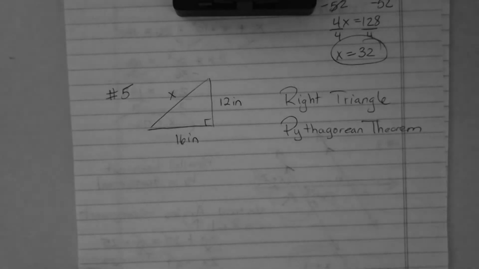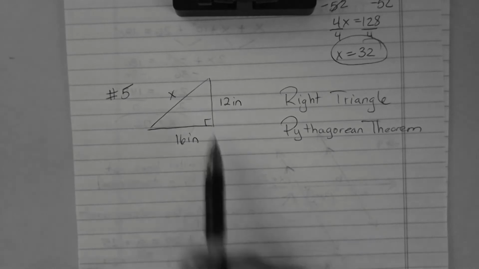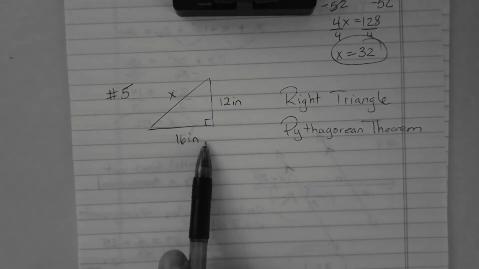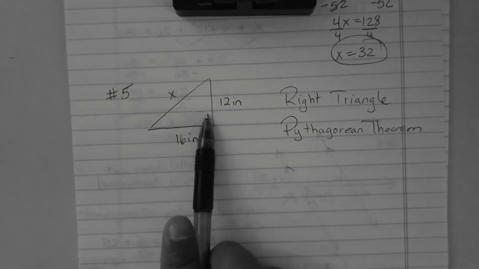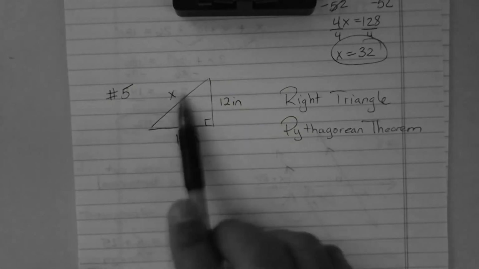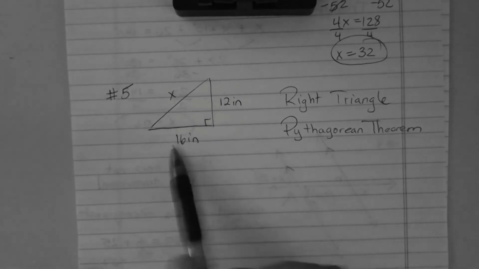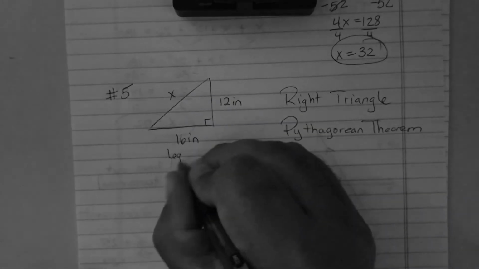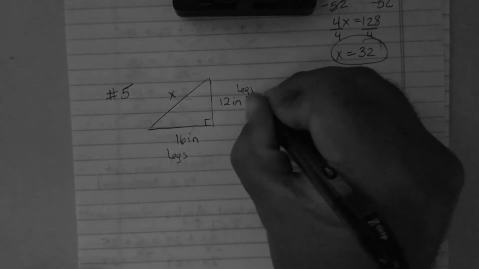So going into this, guys, what are the legs? You can't do the complementary. In this case, no. It is a 90-degree triangle. So we need to find this missing leg here. 12 and 16 are your legs.